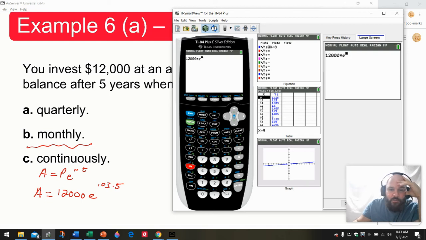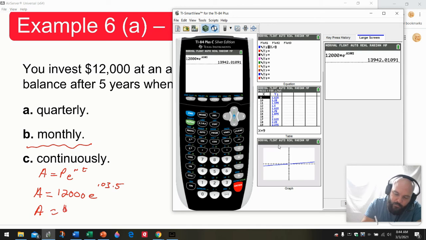And then we need to put 0.03 times 5. Once we have that all typed in, we can go ahead and hit enter, and you can see that after 5 years, investing at 3%, we will have increased from 12,000 to a new account balance of $13,942.01.